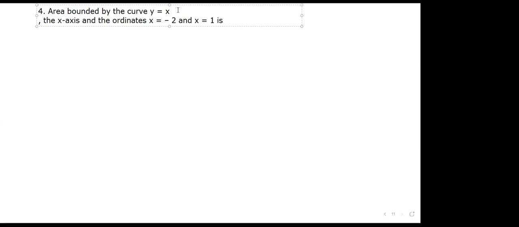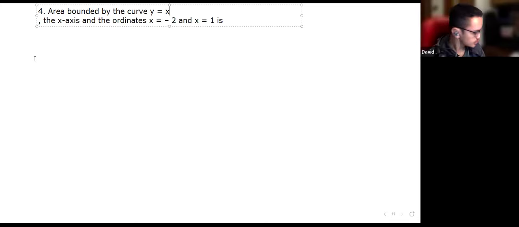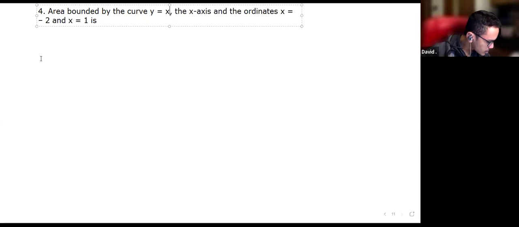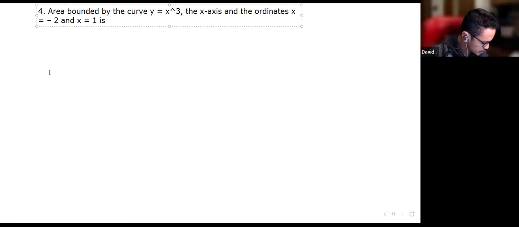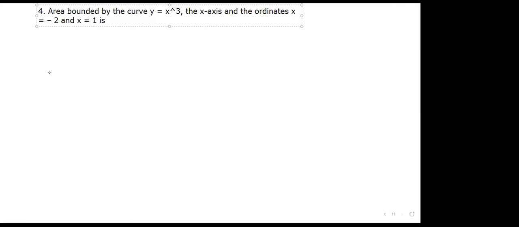So the curve is y equals x cube, is it? I think it's x cube. Moment, sir, just searching for the question. It is y equals x cube, the x-axis and ordinates x equals negative 2, x equals 1.